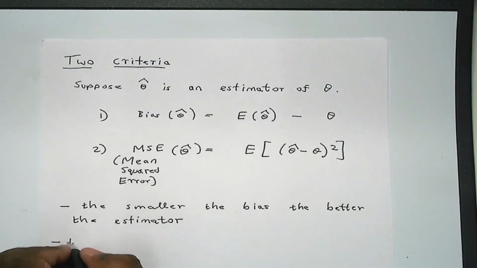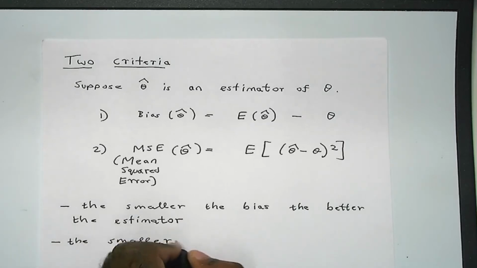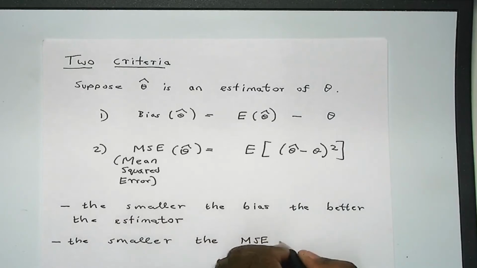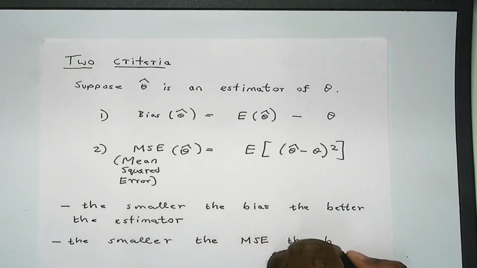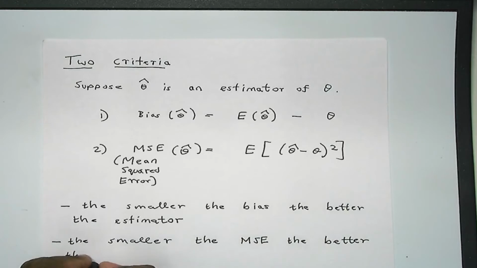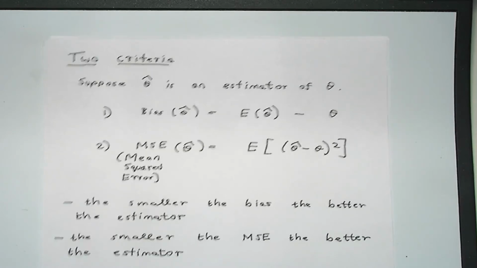And the smaller the MSE, the better the estimator. Okay. Right, so a good estimator will have bias as small as possible and MSE as small as possible.